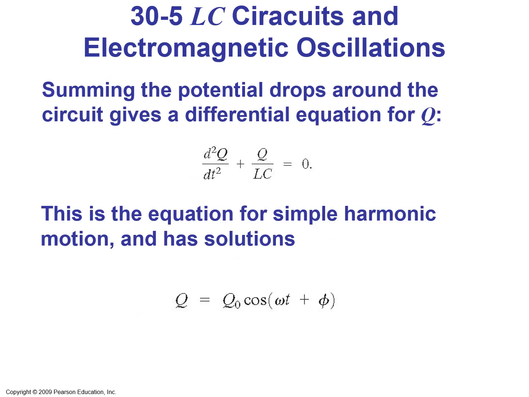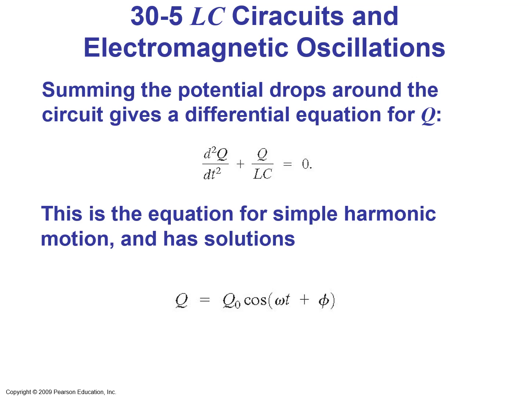By summing the potential drops around the circuit, we can find the differential equation for charge Q over time. We have the second derivative of charge with respect to time plus the charge divided by L times C equal to 0.